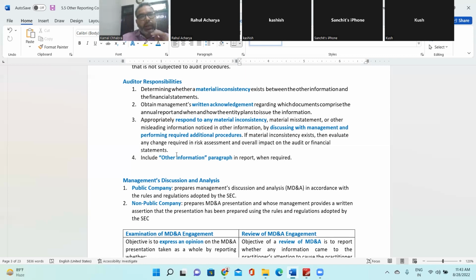Other information will not result in any qualification directly, and it is neither an emphasis of matter nor other matter paragraph. But you want to bring it to the attention of the user of the financial statements, so you have a right to provide it in the other information paragraph. Make sense?